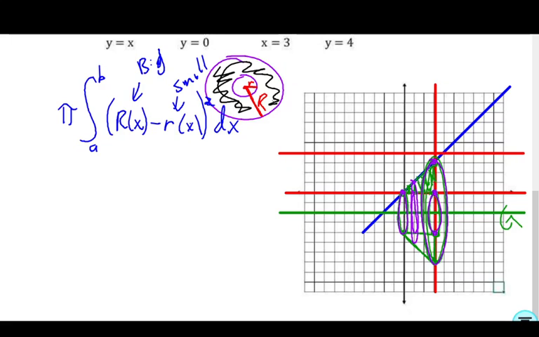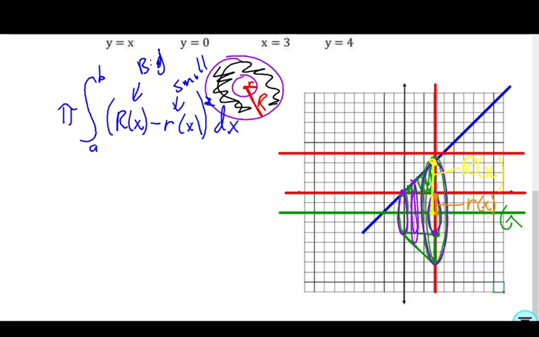Okay? So when I look at my disk, this right here, from here to here, all the way out, this is my big R. Then from here to here, this is my little r.